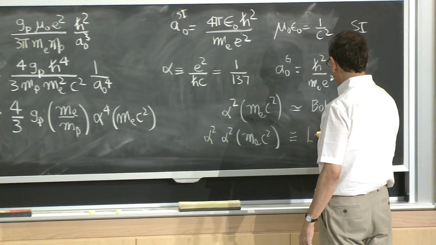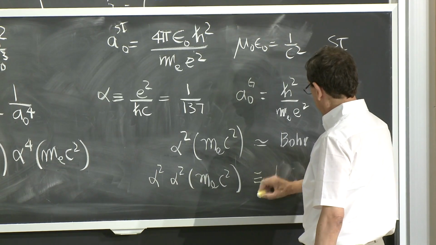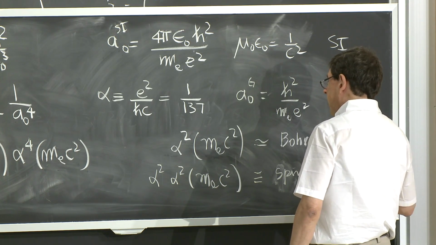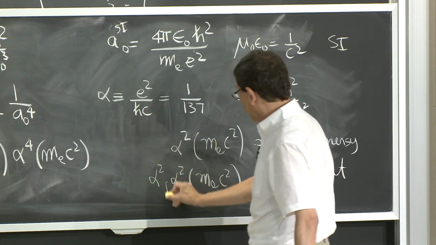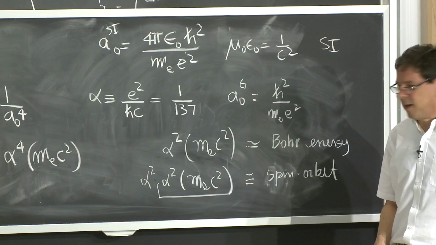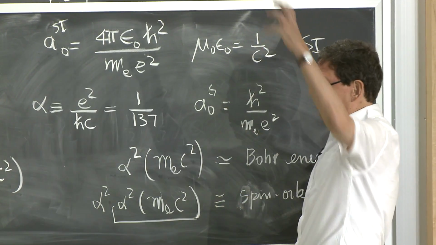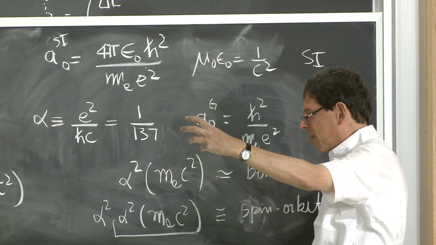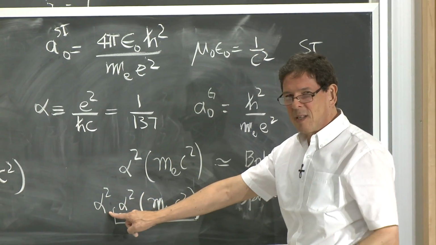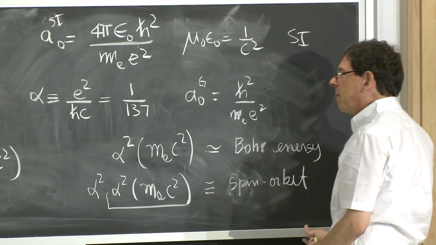So LS splitting, spin orbit coupling. Let me write it like that, spin orbit. So spin orbit coupling is another factor of alpha squared smaller than the Bohr energy. So rest mass of the electron, alpha squared, to diminish it 20,000 times, you get the Bohr energy. 20,000 times smaller is the spin orbit coupling.